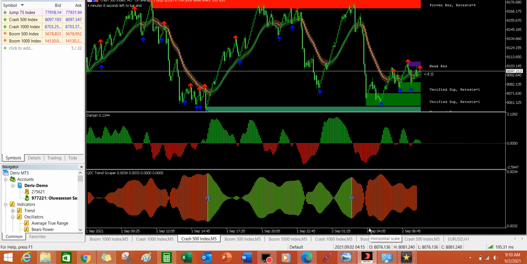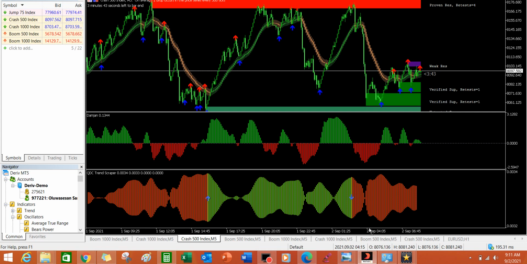Okay, this is the chart. Like I said, it is always good you know the trend of the markets. When you know the trend of the markets, you will be able to do this for a very long time. Then of course it is also very good when you are able to identify your support and your resistance level so that you will know your entry point and your exit point.